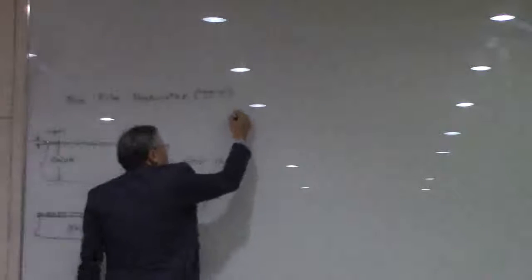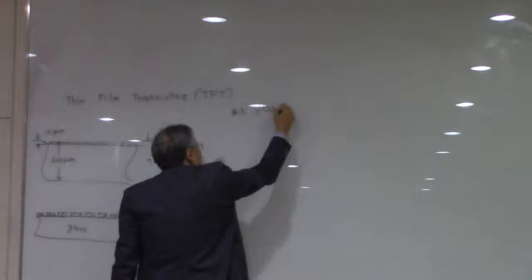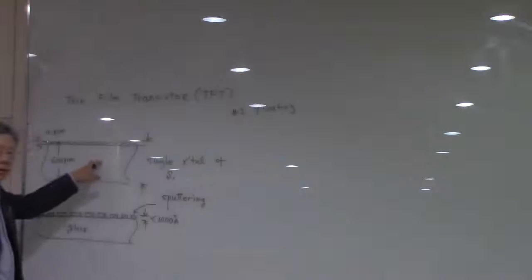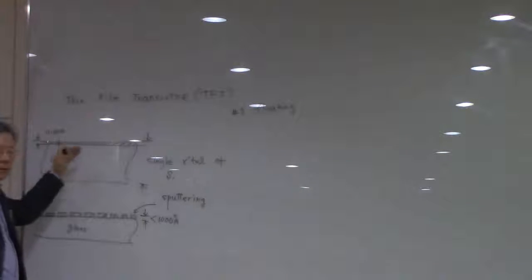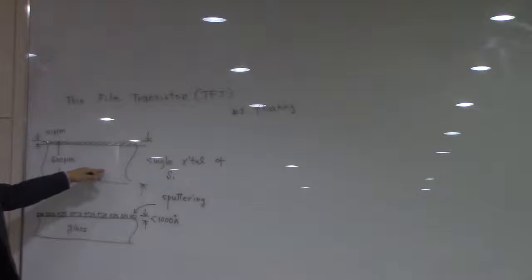Okay, so what's the difference between these transistors and these transistors? The main difference is that these transistors are floating. The transistors on this normal wafer are connected somehow on the body, the silicon single crystal.